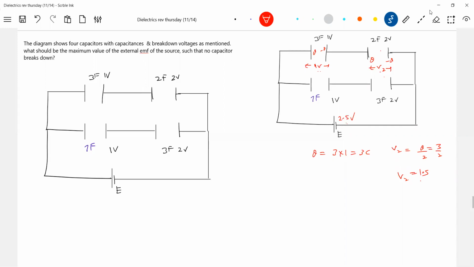When you apply this 2.5 volt, let's check what the drops are across these capacitors, V3 and V4. I'll write below.